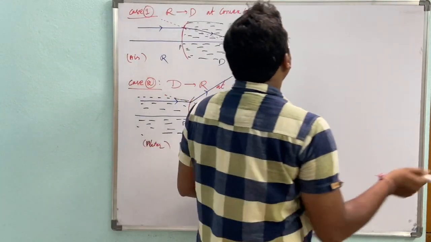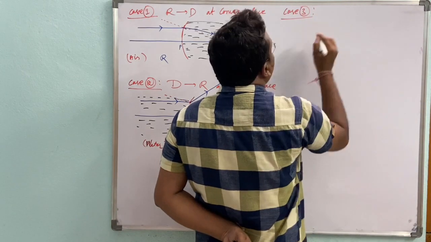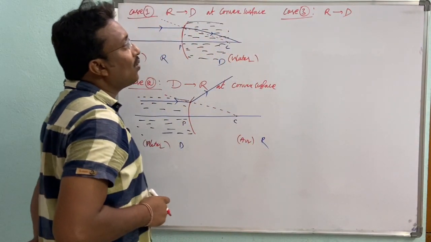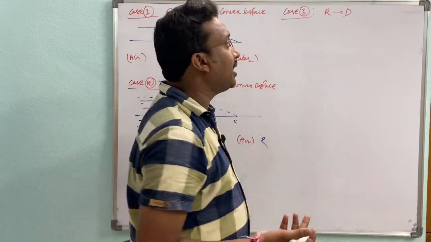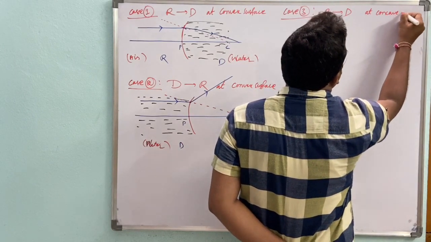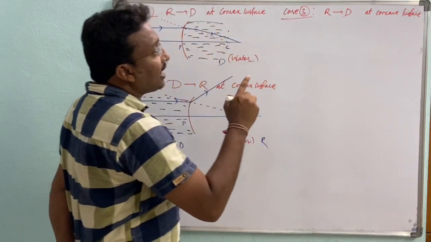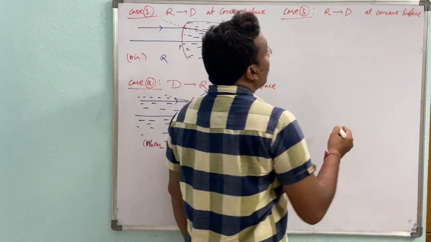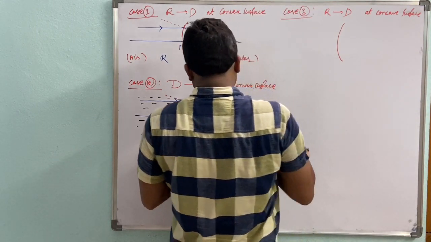Then in case 3, see here. Here again, rarer to denser medium. The incident ray passes from a rarer to a denser medium at a concave surface. What surface? Now it is striking at a concave surface. Got it? Then see how.